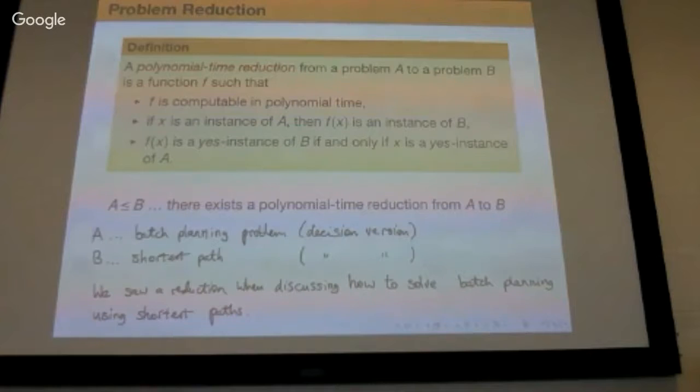And another thing we saw was that we could solve the knapsack problem using shortest paths.